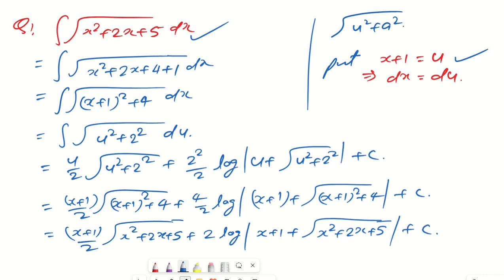So this is the solution. Hope you have a good understanding by utilizing the formulas that we had studied just now. Let us take a question.